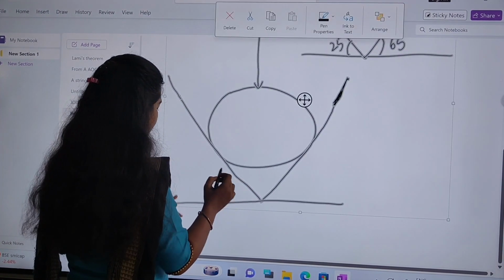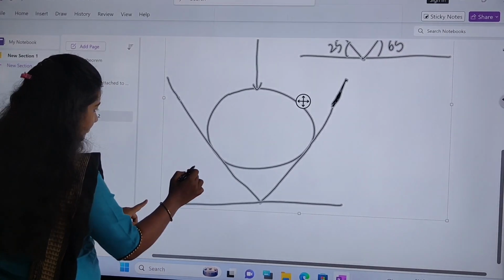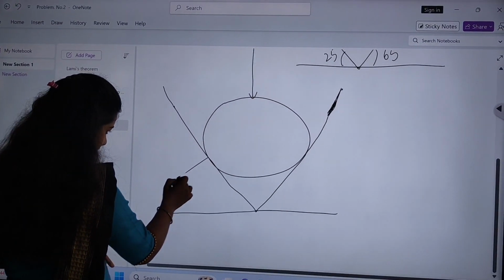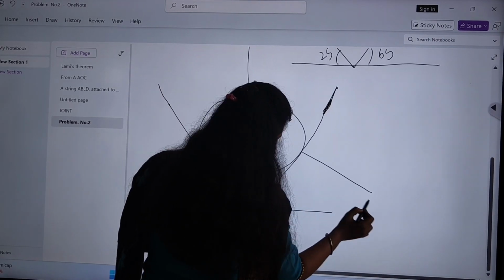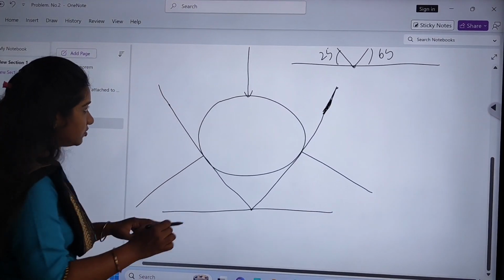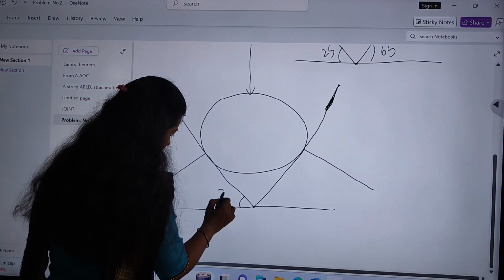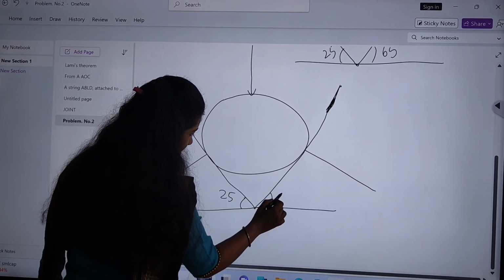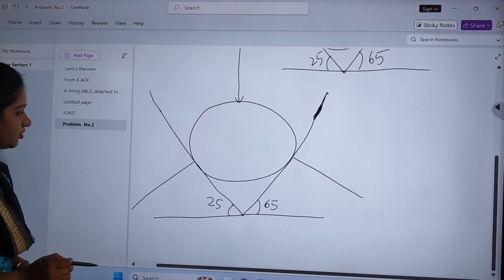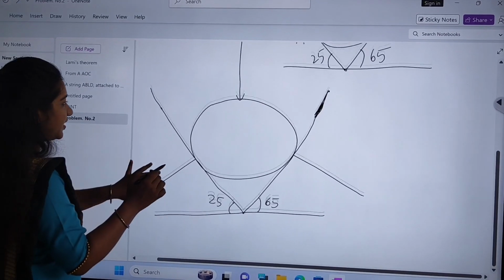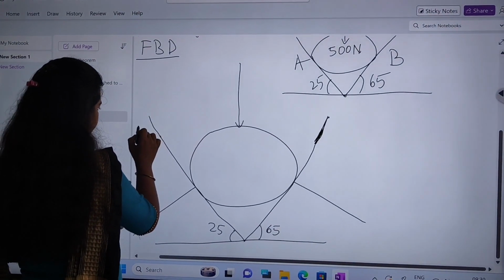We draw a perpendicular line to the point of contact. So this one is the perpendicular line. Draw a perpendicular in both sides. Now this corner is 25 and this one is 65, they are already given. Now we draw a horizontal line at point of contact.